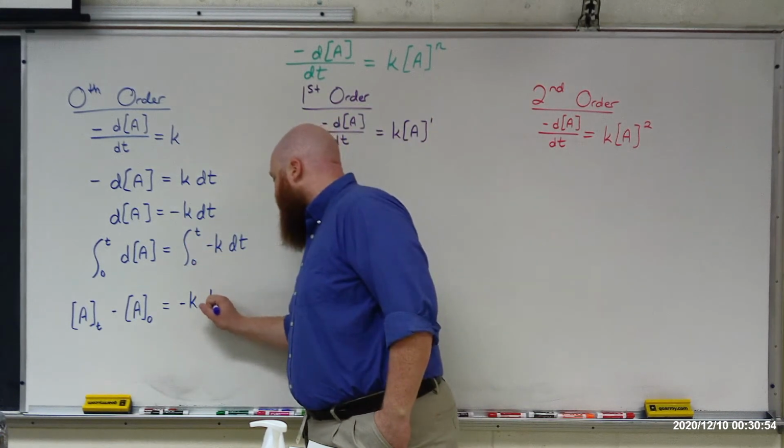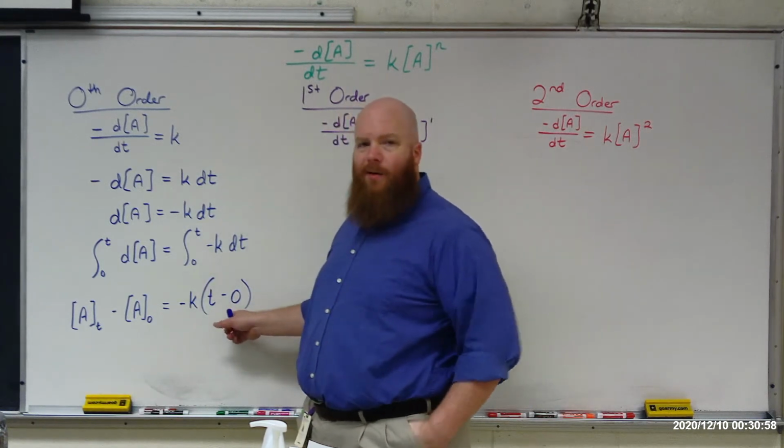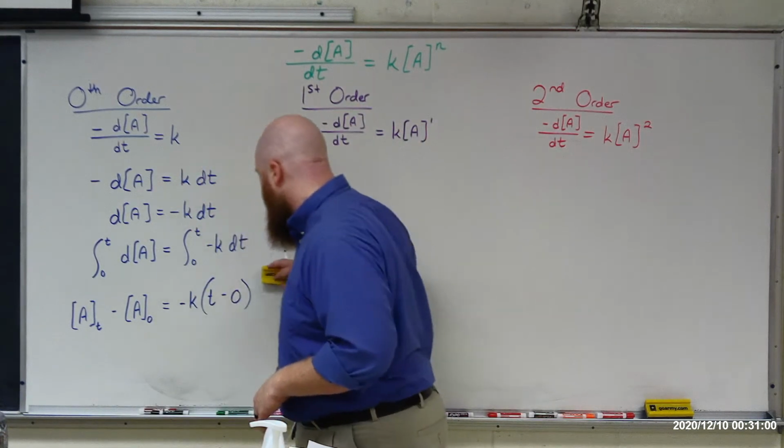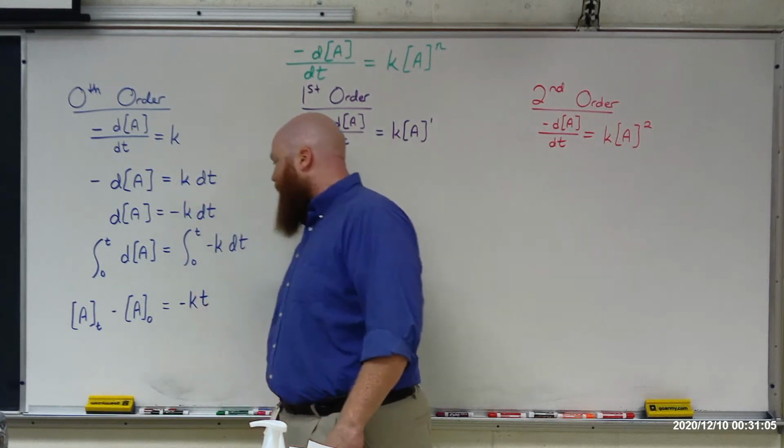Well, that would be t minus 0. But minus 0 just cancels out. This ends up being simply negative kt.